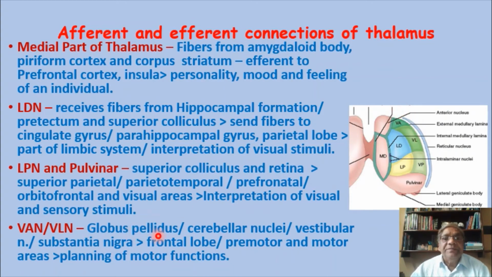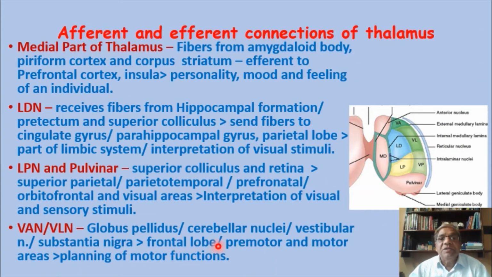They receive fibers from the globus pallidus, a part of the lentiform nucleus, and from the cerebellar nuclei: dentate, fastigial, emboliform, all these cerebellar nuclei. Then from the vestibular nuclei, at the junction of the pons and the medulla, and from the substantia nigra in the midbrain. They send their fibers after relaying in the ventral anterior and ventral lateral nuclei.